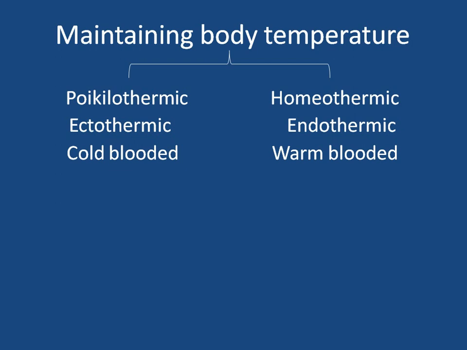So these three are synonyms: poikilothermic, ectothermic, cold-blooded. All these three terms mean the same. Okay, and the next term is homeothermy, which is also called endothermic or warm-blooded animals. So what do poikilothermic or homeothermic mean?